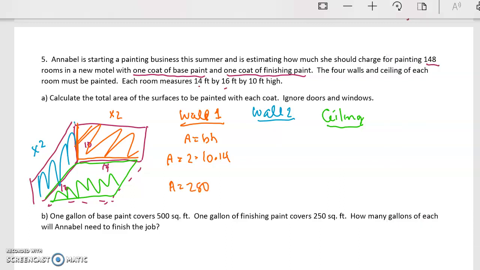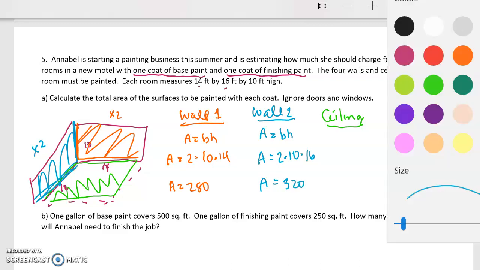Wall 2 is also 10 high and 16. So again, wall 2's area is base times height. We have 2 of those. That should be 320.